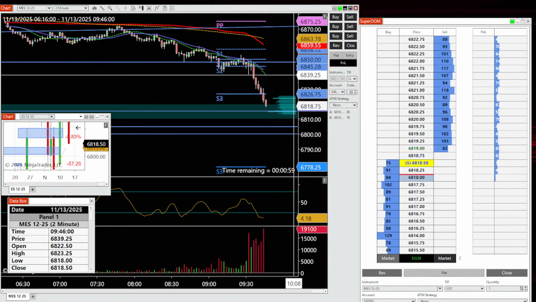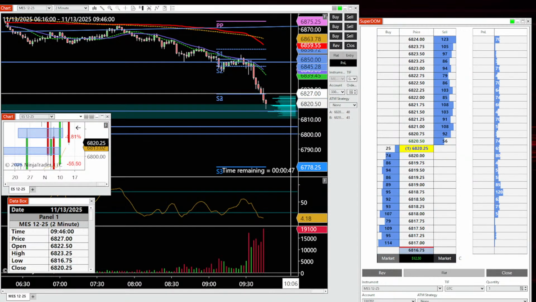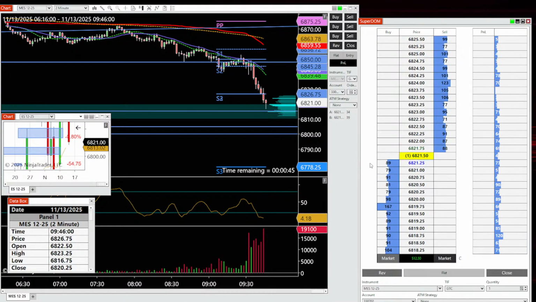Okay, the 15-minute bar just opened up. Will we get some type of pullback? Over 20, we get to 26. Can we get a pop over 20?